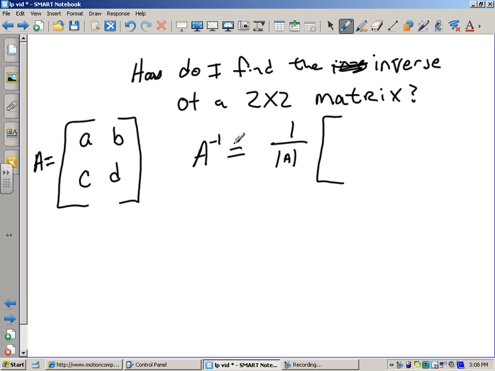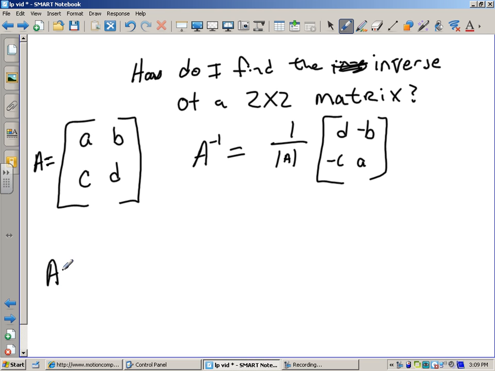And then we need to rearrange matrix A. So D and A swap places, and then we have the opposite signs on C and B. And then you multiply that. So let me show you a more specific example.